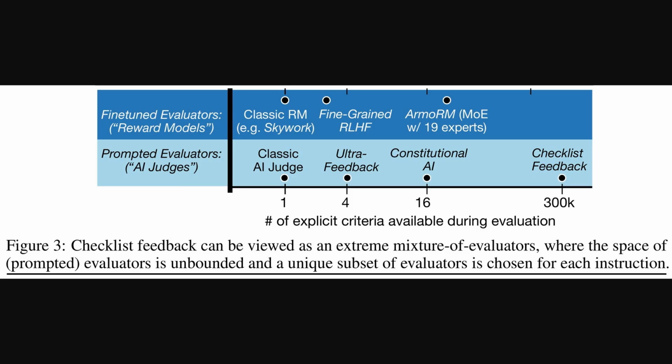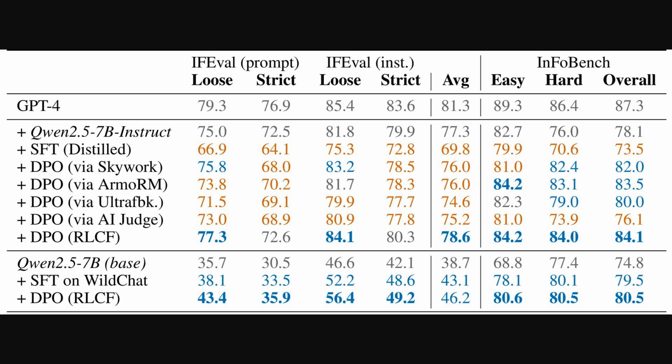Most methods, like constitutional AI, use a small, fixed set, maybe 16 rules at most, but their checklist feedback is way off the chart. It's like an AI judge with access to over 300,000 criteria, pulling a unique set for every single instruction.